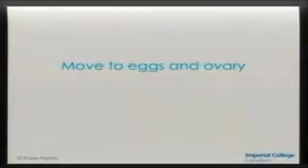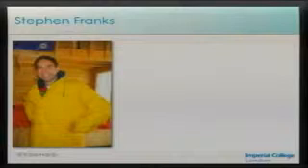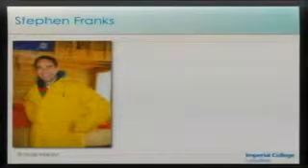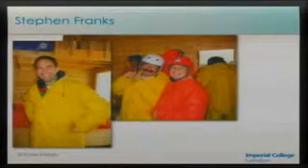So I moved gently, not overnight, my research to looking at eggs and the ovary, and started working with Stephen Franks. I want to put this rather curious photograph of him in a raincoat in context. I think Robert might remember what it is. It was in Finland.